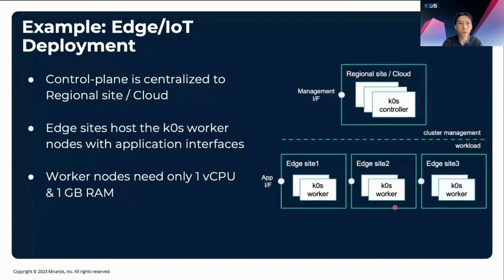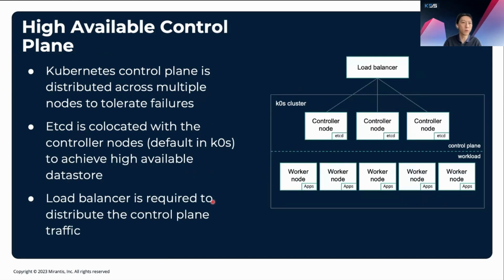And you see the resource requirement is pretty minimal in your worker nodes. We're looking at bare minimum 1 vCPU, 1 gigabyte, which means everything else can be really left for your own workloads. And when you think about this, okay, we've got the controllers, then we've got to make sure that nothing goes down. So we can actually set this up with high availability using the standard configurations, right?